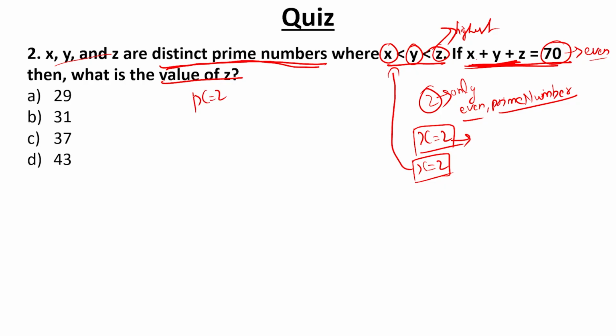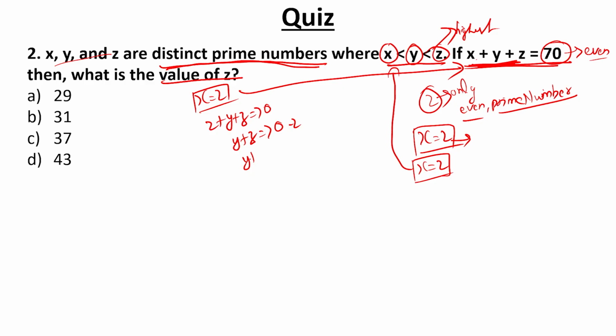What about next? What we are going to do is substitute the x value in the above equation: 2 plus y plus z is equal to 70, y plus z is equal to 70 minus 2, y plus z is equal to 68. Okay, we got an equation. Now I already have the value of x, which is 2, so leave it, and we need to find the value of z.